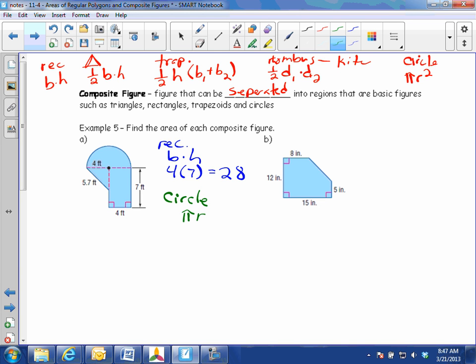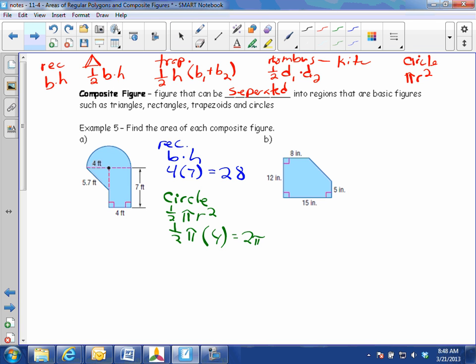Pi r squared, but since we only want half a circle, we're going to take it times one half. So what is our radius? Four. Good. I would leave it in terms of pi for the moment.